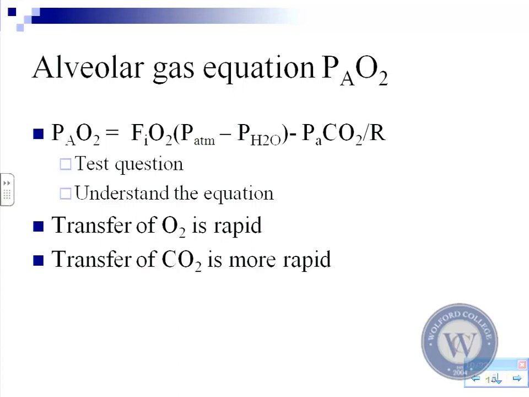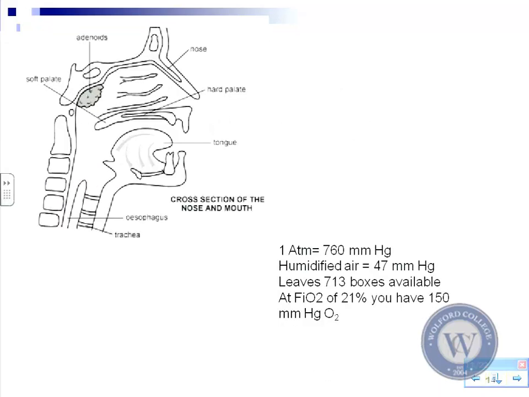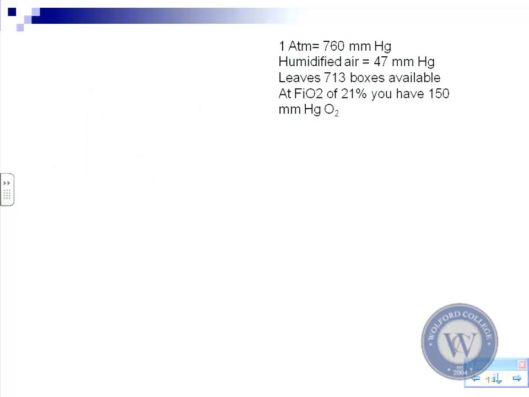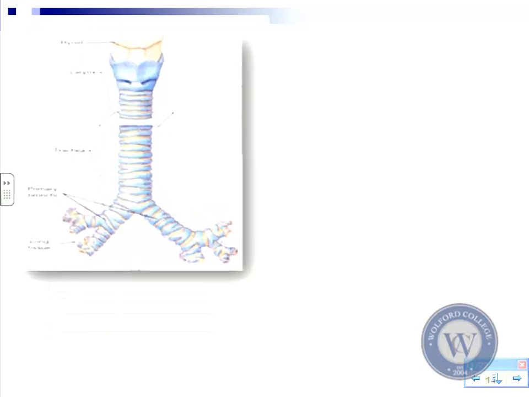Okay. Now, normally transfer of oxygen is fairly rapid, but transfer of CO2 is even more rapid. So what they're trying to show you here is this alveolar gas equation is pretty important in the sense of oxygenation issues. Okay, and I sort of walked through this already, so I'm going to keep going. This is all the actual equations of mathematics which I already described to you. And going through the whole thing, keep going down. This is all dead space, okay?